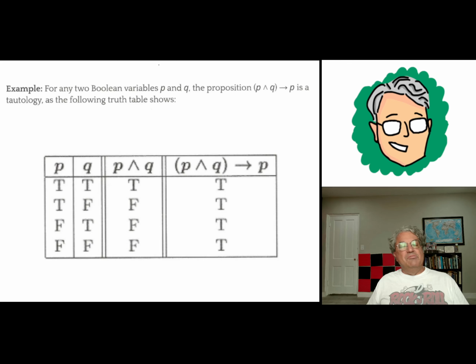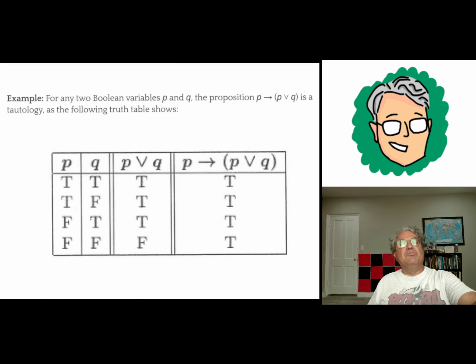It really doesn't make sense to talk about the implication of something that's false, but by the way we defined if-then, if the antecedent is false, the conclusion is always true. And so in the last three cases, the antecedent is false, therefore the conclusion is true. So P and Q implies P in all four cases, therefore it's a tautology.